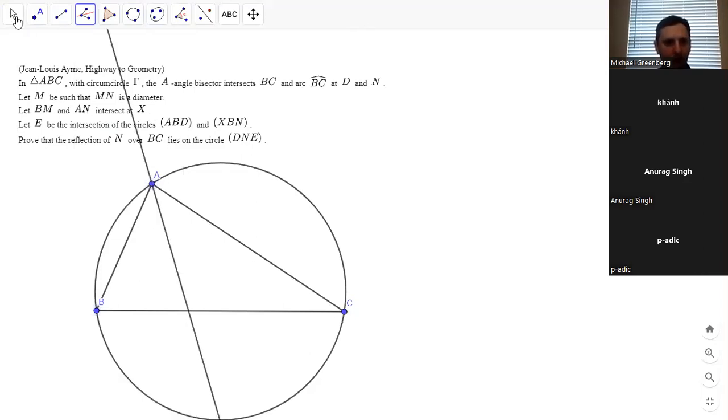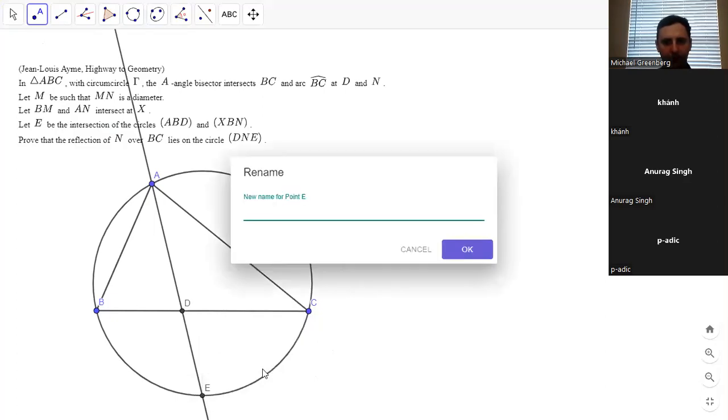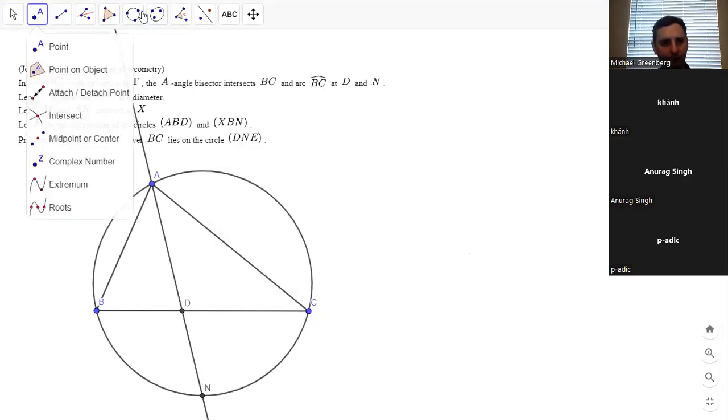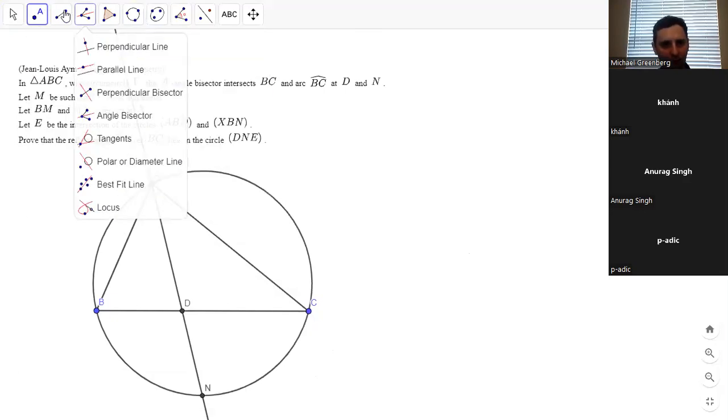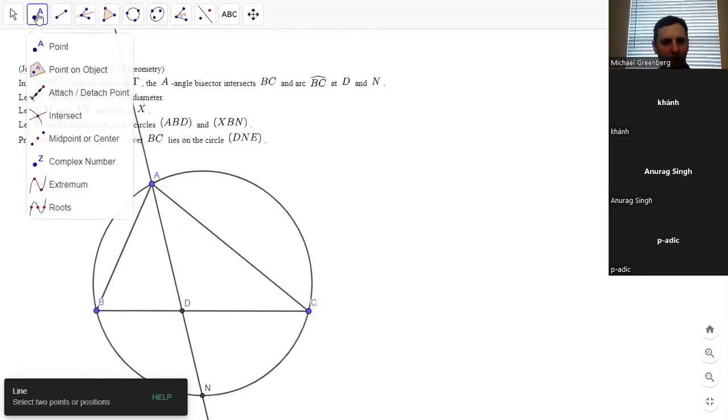Basically, M is the midpoint of arc BAC because MN is a diameter. So we have this point, N. Can you guys all see it okay? Just want to make sure. Yeah, we do see it. Okay, thanks. All right.